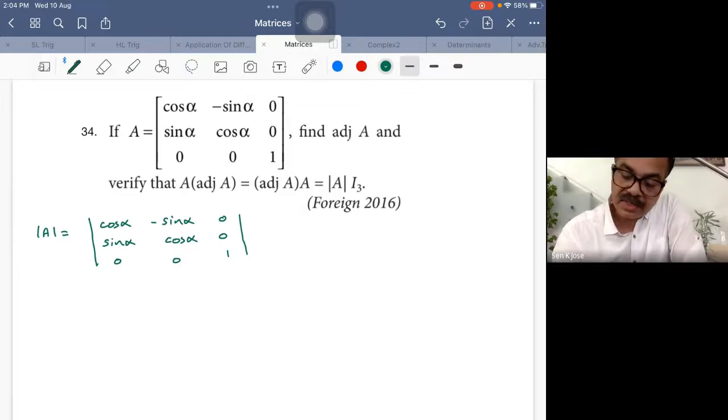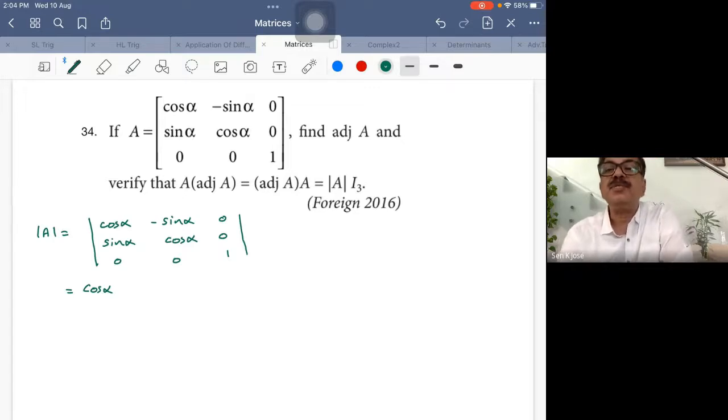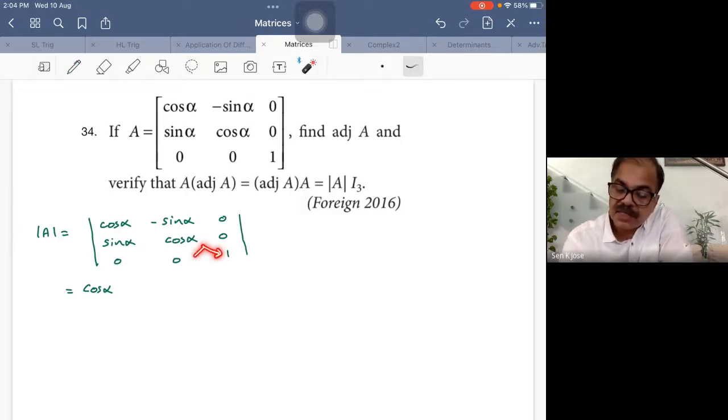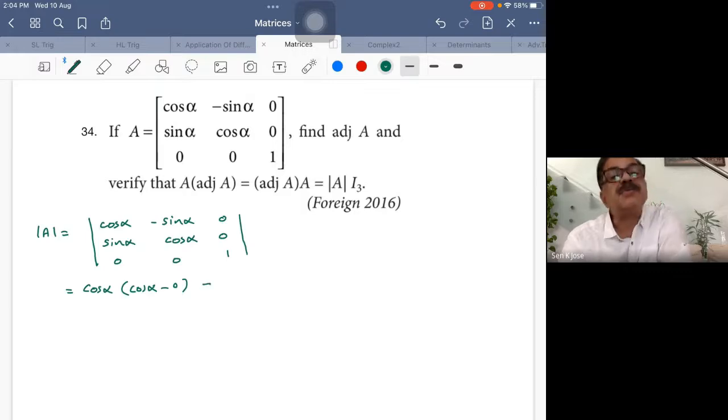So when I expand, it's going to be cos alpha into its minor. So I need to find out the minor. Cross multiply: cos alpha into this minus this, so that's going to be cos alpha minus 0.